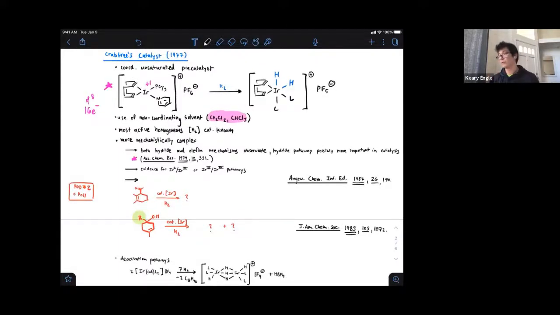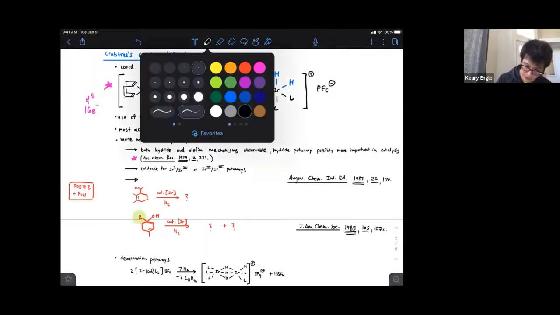It was known for some time that you could make iridium-3 dihydrides of this type. But I think the key insight was that using weakly coordinating solvents and this weaker coordination environment is what really enabled this dihydride to engage in productive chemistry.